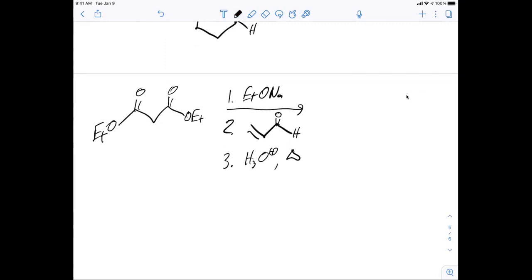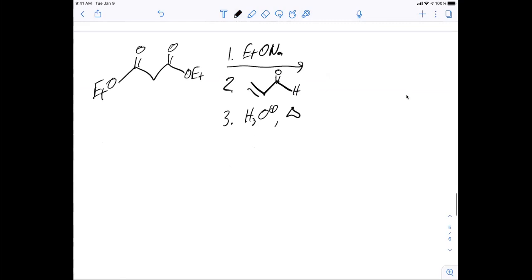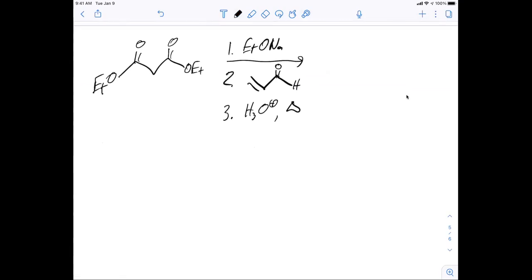Well, I'm not going to show you the action. Let's think about it. So take a little time, work on this one, see if you can figure out what's going to happen, right? Form the enolate. That's your first step, and then see if you can come up with what's going to happen in this process. It's okay if you don't get all the way, just get started. What does the enolate look like? How does the enolate react with the electrophile?